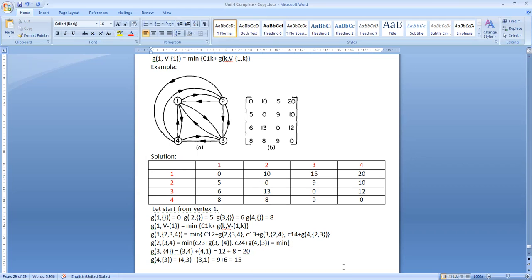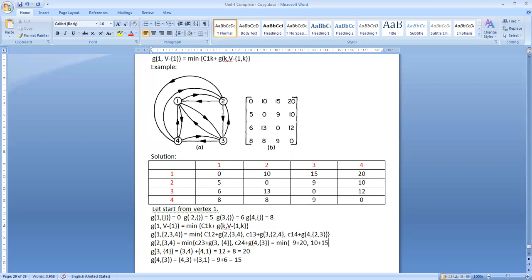So 9 plus G of 3 comma set 4, we have computed it as 20, comma, then C24, 2 to 4, it is 10, 10 plus G of 4 comma set 3, we have computed it as 15.